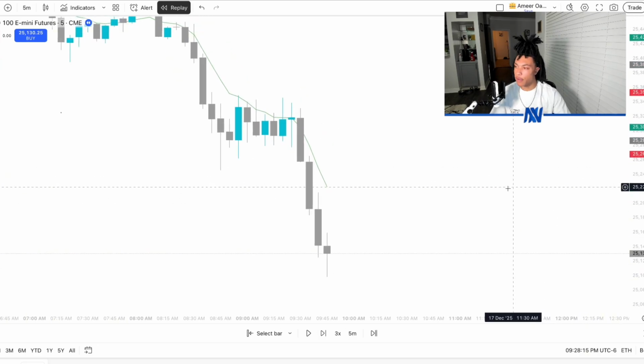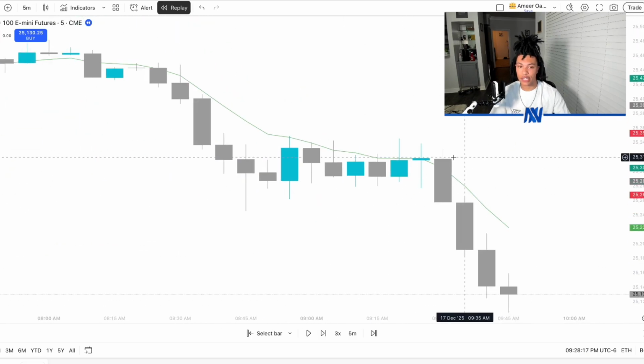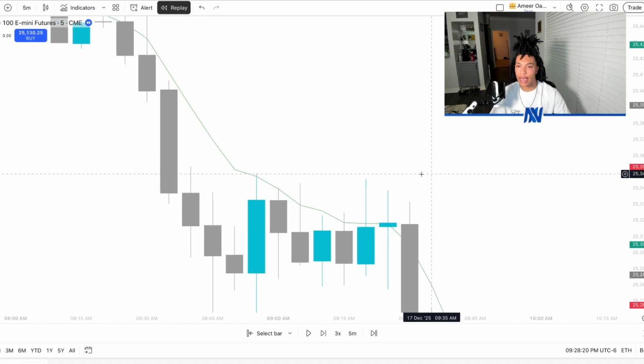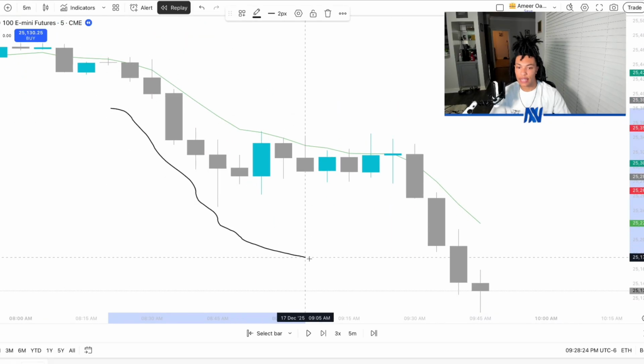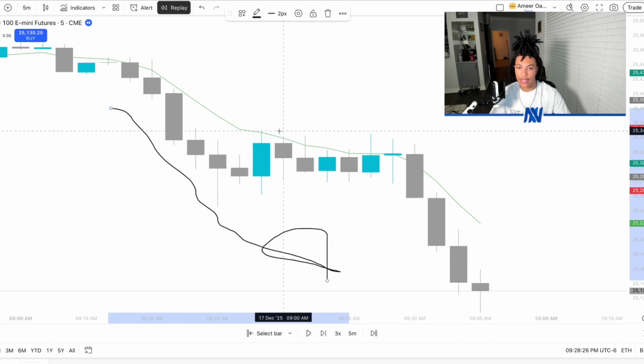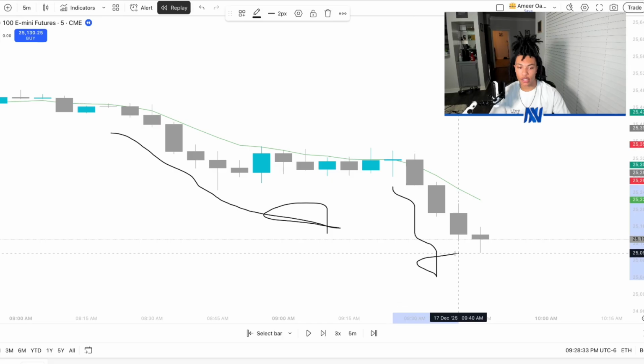So whenever I say clean rejection candles, I mean these candles specifically. We see that price is pushing down, and then it comes back to this 8 EMA, it pulls back, and then it continues to stay under the 8 EMA, and then it makes a huge push back down.